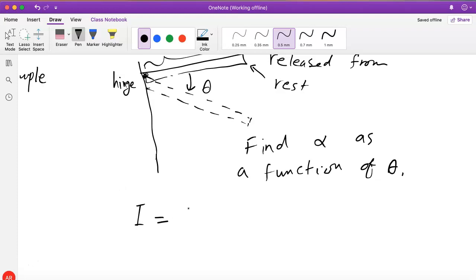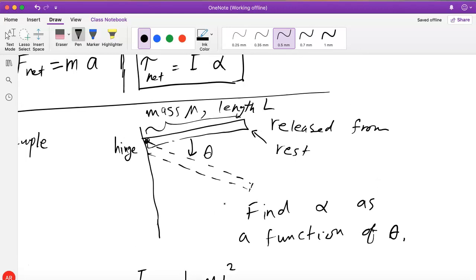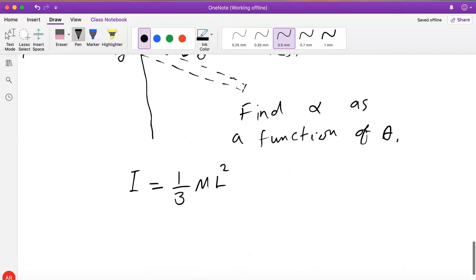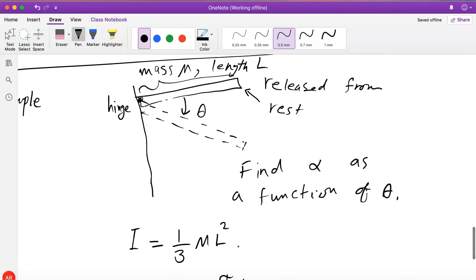We can also look it up in the table that's in the book. So that's 1/3 ml squared. Now, to find alpha, we can write it as net torque divided by I. So what is the torque, right?